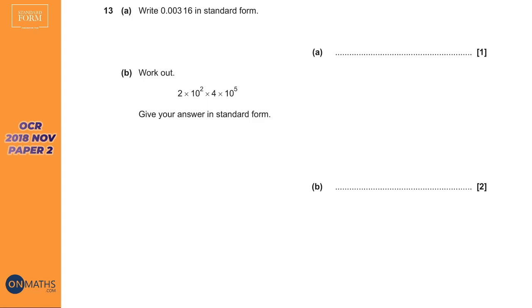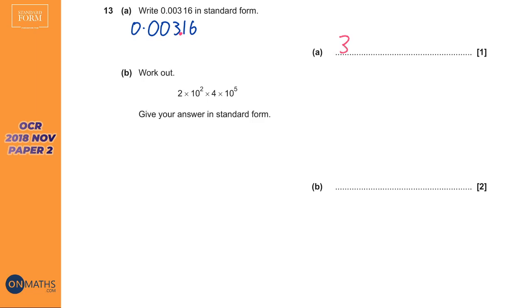Okay, so we're asked to convert an ordinary number into standard form. What we do is first of all write out the number. I always find the numbers in the question quite small. Next we need to figure out where we want the decimal point to be, because we're shown where the decimal point is now, and that will be after the 3 to make 3.16.